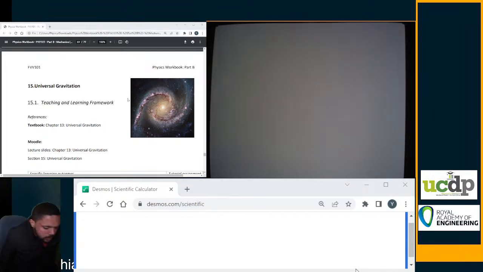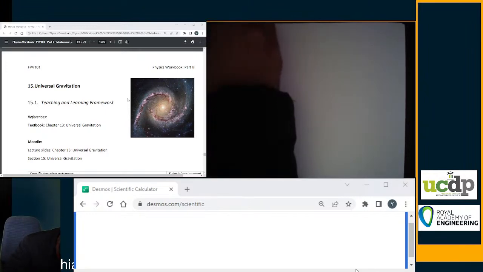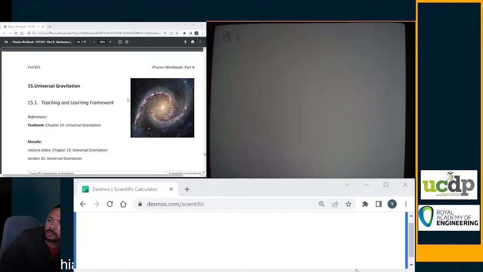Okay, so universal gravitation. This is section 15.1. Okay, I want to see if you can see what I see. There's that lag again. Just trying to fix that too.